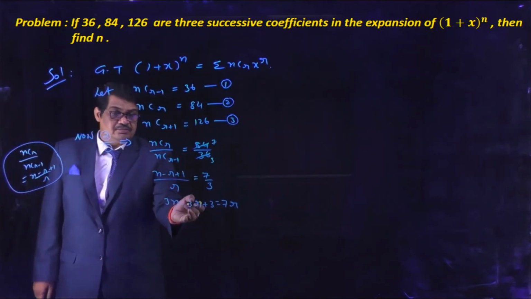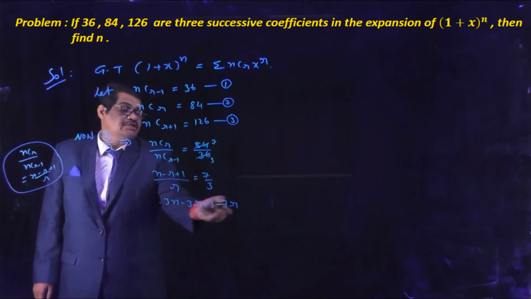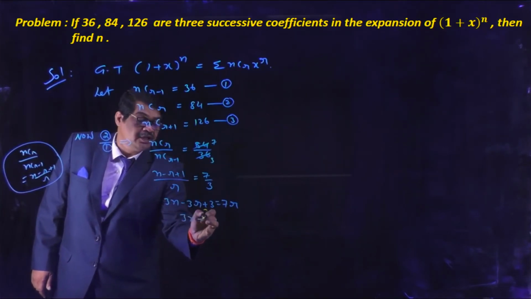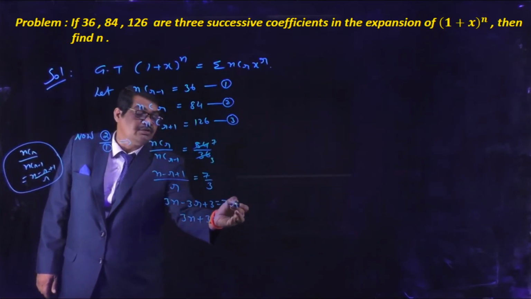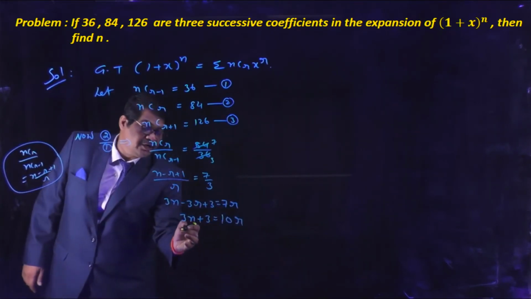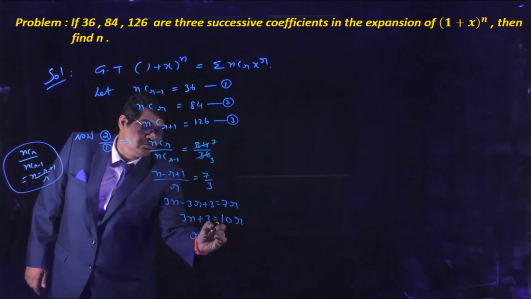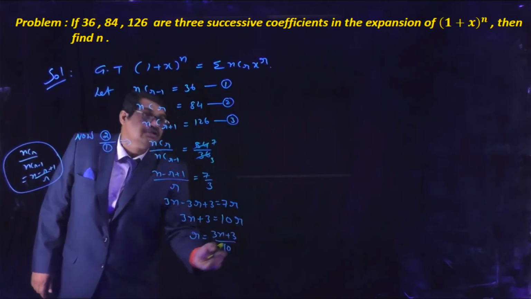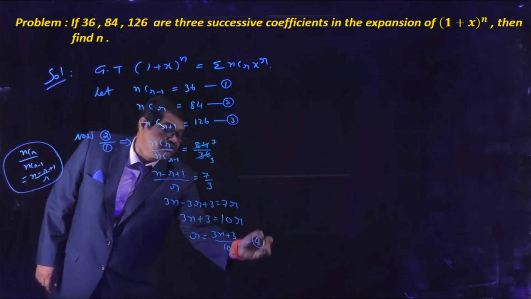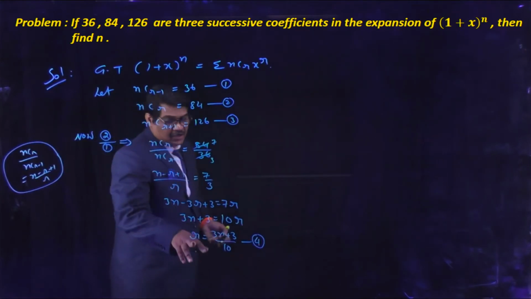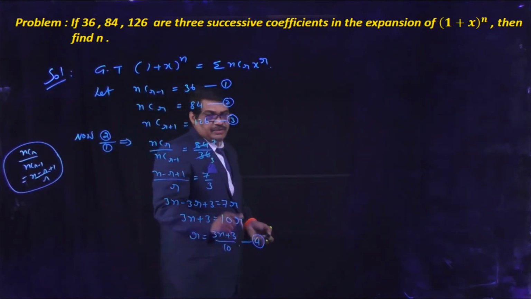So this minus 3r is moving to the RHS side. Then 3n plus 3 is equal to 7r plus 3r, that is 10r. From that we write r is equal to (3n plus 3) by 10. This is equation 4.